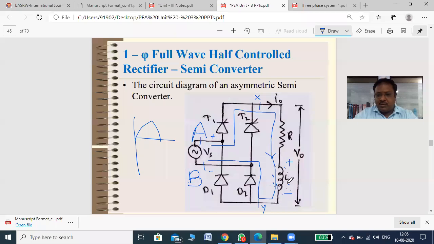As time increases, again the negative cycle starts, and as the amplitude of the negative cycle increases, the inductor again starts to charge because of forward biasing of thyristor T2 and diode D1. Okay, it's all right.